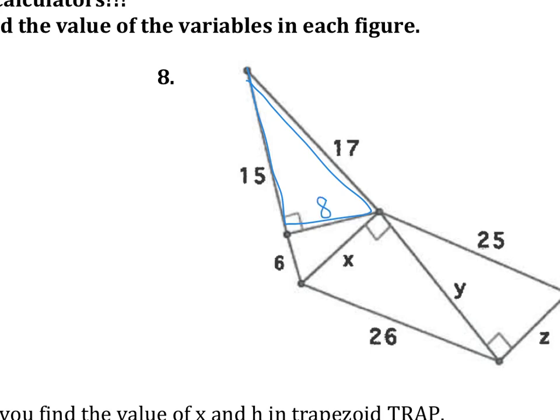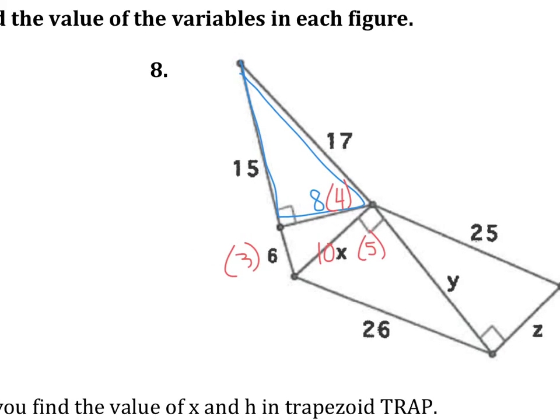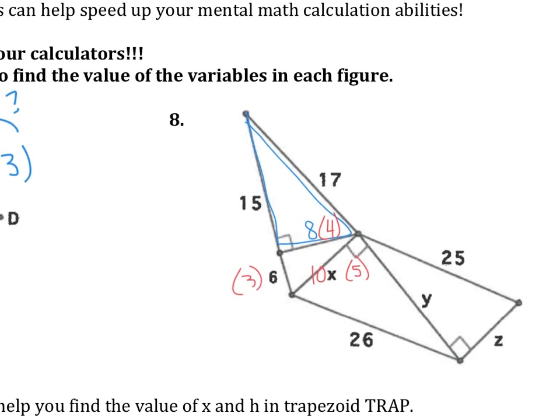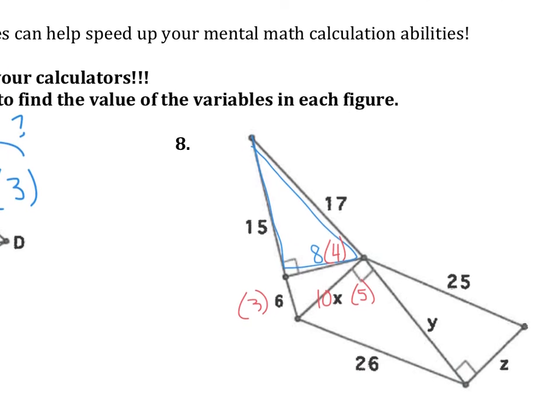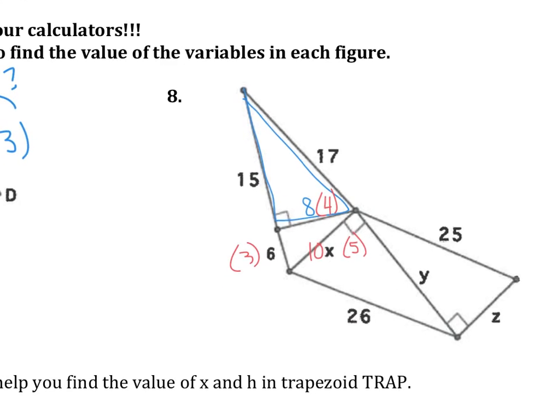Over here, I recognize that this is a 3, 4, 5 Pythagorean triple. What was each side multiplied by? It was multiplied by 2, so x is going to be 5 times 2, aka 10. 10 and 26. Looking back up at our triples, 5, 10, and 26, that is a 5, 12, 13.